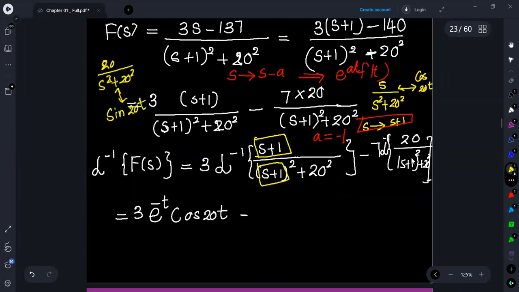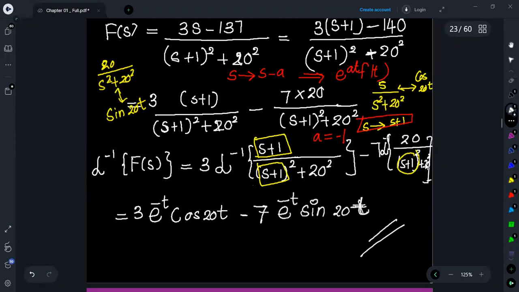But here we have replaced s by s plus 1, so we have to multiply this expression also by e to the power minus t. We keep minus 7 as it is, e to the power minus t sine 20t. And this is the answer for that question.